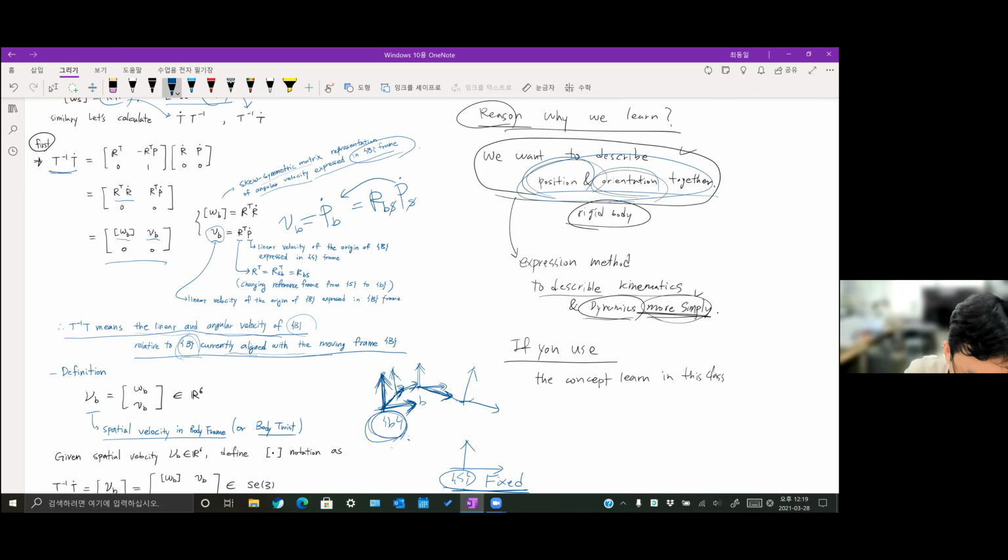So this matrix implies this information, linear and angular velocity.